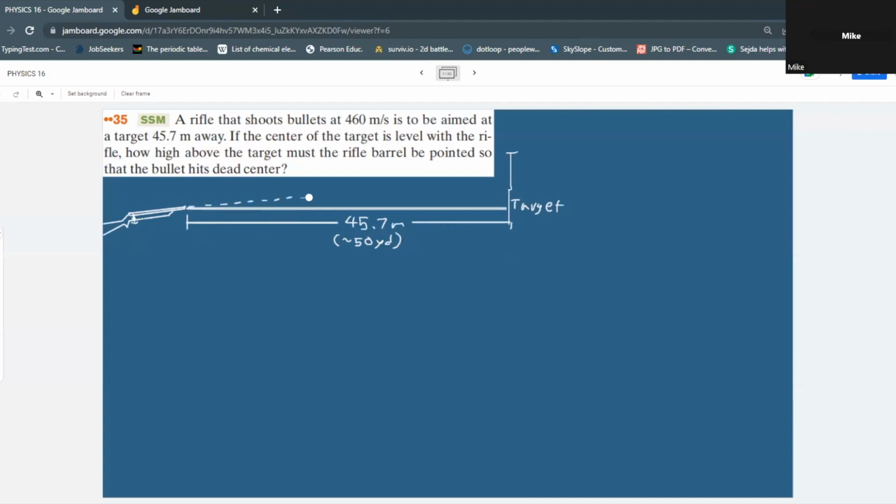So you need the angle, because if you know the angle, you can use inverse tangent and 45.7 to get that height. It's number 35.